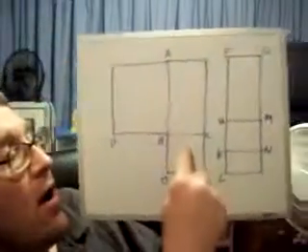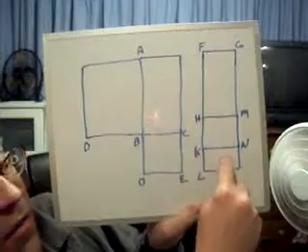And CO is equal to NL. We now can say that this area here is equal to this area right here.